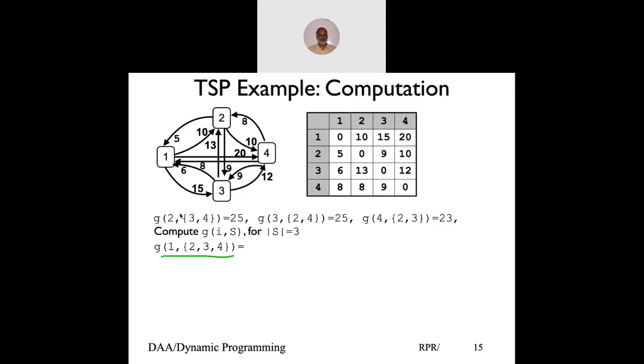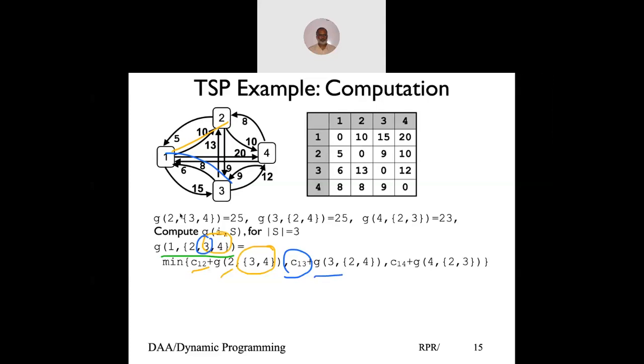Now look, from 1 I can go to 2. That means C12 plus, once I choose vertex 2, I am left with only these two vertices. So starting from vertex 2 using set 3 and 4. Or from 1 I can go to vertex 3. And once I choose vertex 3, I am left with vertices 2 and 4.